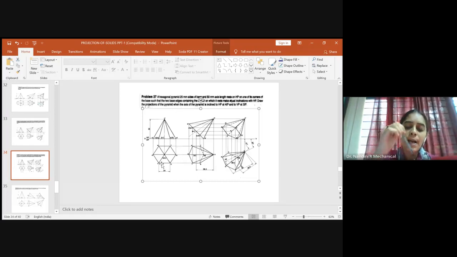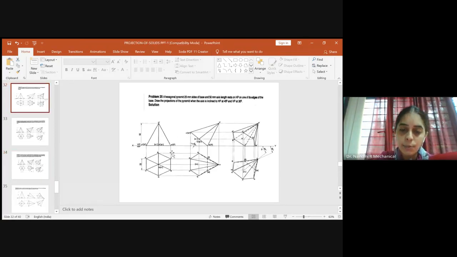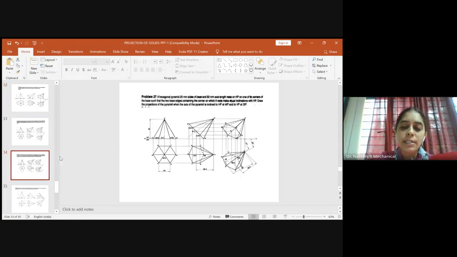Okay, so you will be having the center line which will be visible. The center line will be visible only when the given hexagonal pyramid is resting on one of its corner. If it is resting on one of its edge, then the axis will be overlapped with the longer edge as we saw in the last problem. Then you can't show the axis line. Whenever it is resting on one of its corner, you can show the axis line.